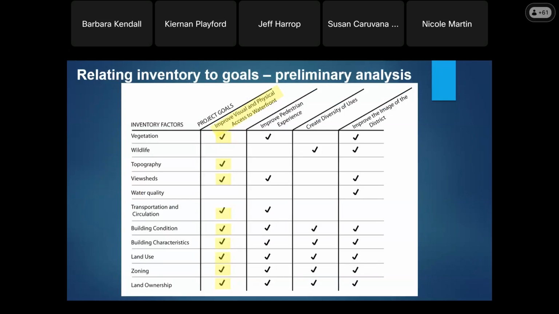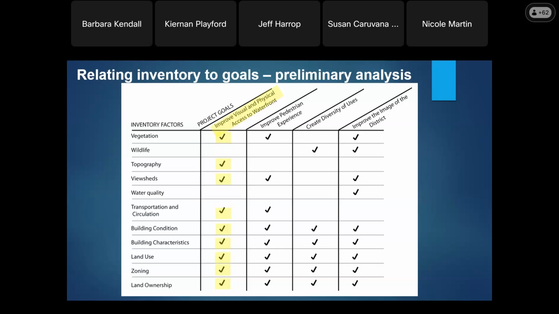One example that we have is improve visual and physical access to the waterfront as our goal. And we relate that to several factors. It is important to include all the factors or resources that are present as required in Article 42 and be aware that the factor exists in the waterfront revitalization area.